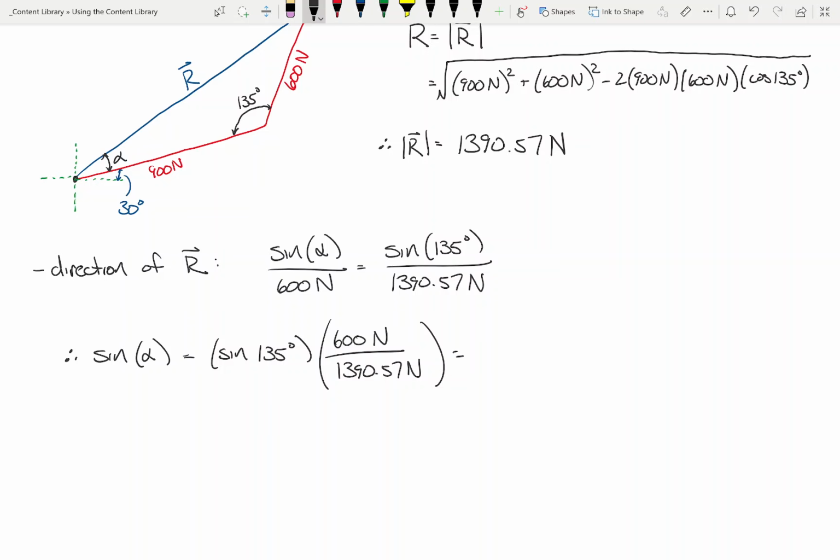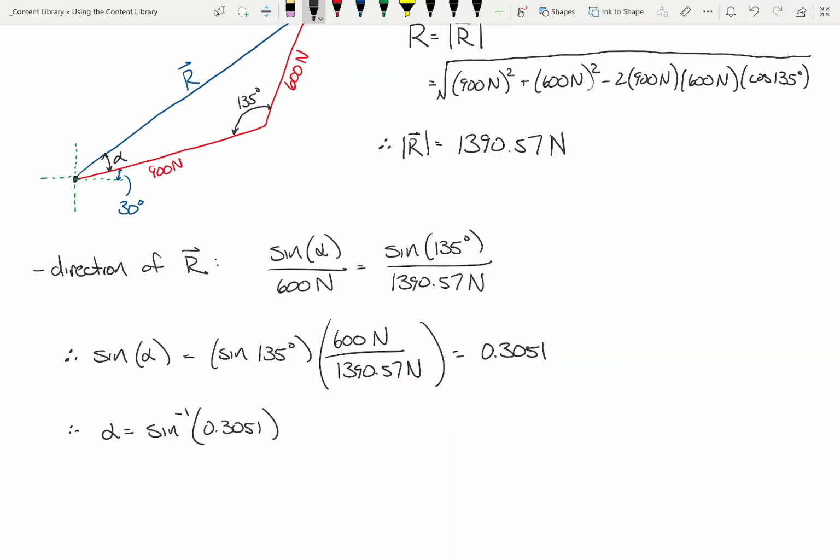All I'm doing is multiplying both sides by the 600 newtons, okay? And when you chug this out, you get something like 0.3051, right? And what I'll then do is say that alpha is the inverse sine of that.